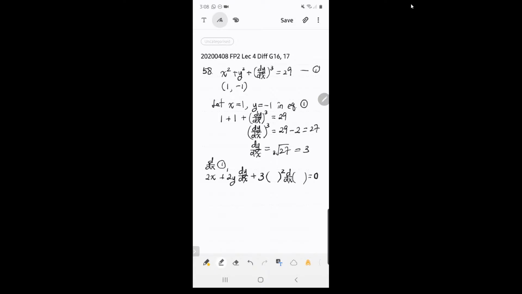Therefore we have 2x plus 2y dy/dx plus 3 times, now the term in the bracket is dy/dx, so you just copy, (dy/dx) squared, and you have to put in the derivative of dy/dx as well. Now you need to simplify this term. What is d/dx of dy/dx? That means the differentiation of dy/dx with respect to x.